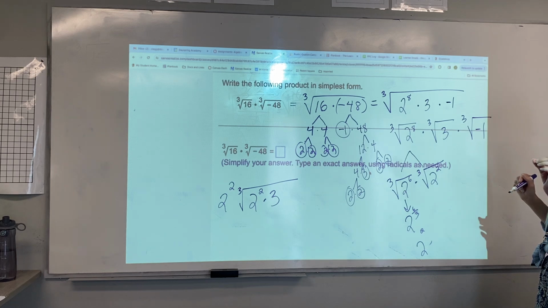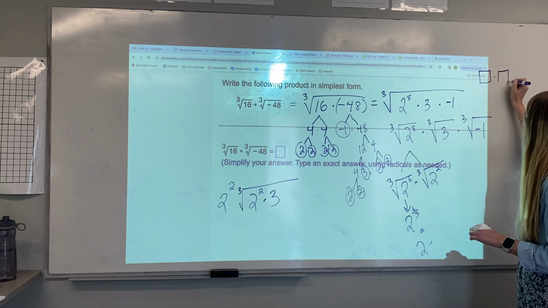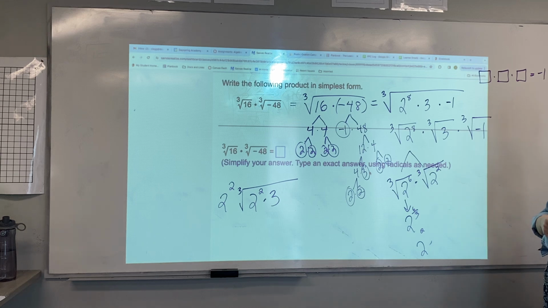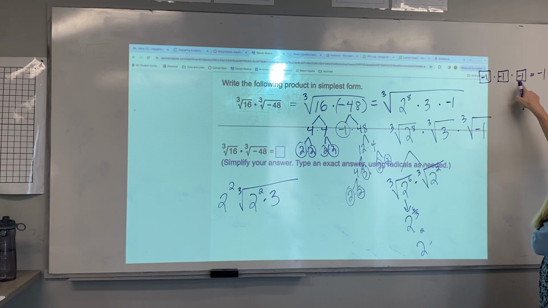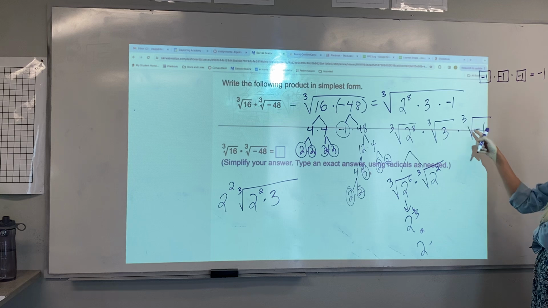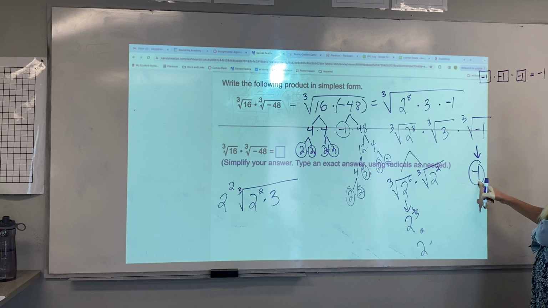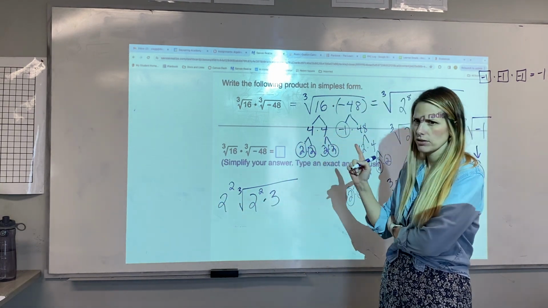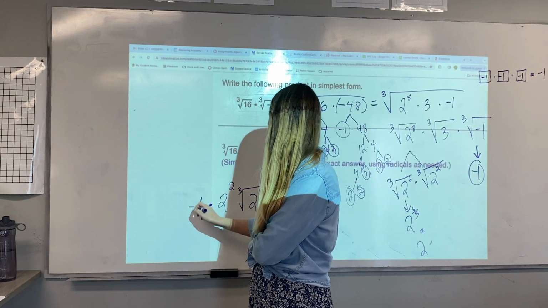But then it's got to be the same number multiplied times itself. -1 times -1 times -1 will get positive and then negative, so it'll be a -1, right? So the cubed root of -1 is simply -1, and that is freed from its radical cage. So does it go outside of the radical or inside of the radical cage? Outside, good. So we have to multiply this times a -1.